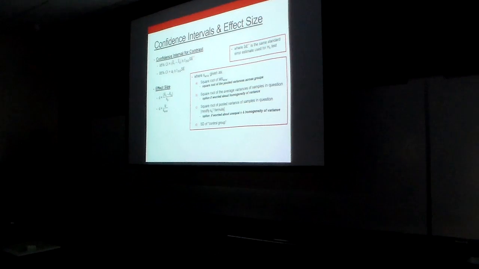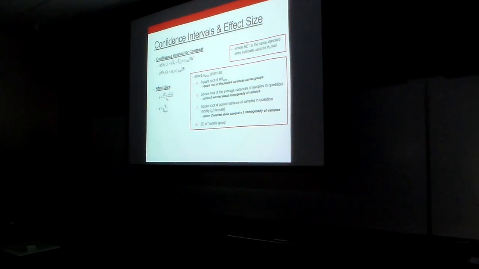What do I do now? Keep going. Yeah, just keep going, right? So I go, okay, the sample size of group 3 minus 1 times variance of group 3, and so on and so forth, and then just take that all over n1 plus n2 plus n3 plus and so on, minus however many groups I have in there, right?